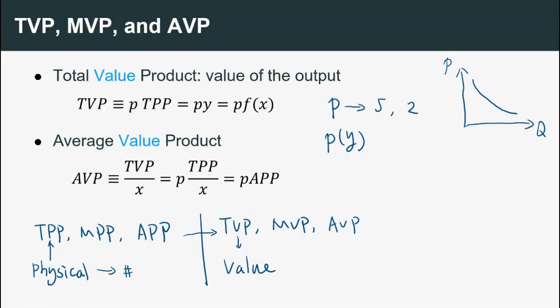But if we assume that the firm or the producer is a price taker, then we just assume that price is a constant. So the price that the producer receives does not depend on the quantities that he or she sells.